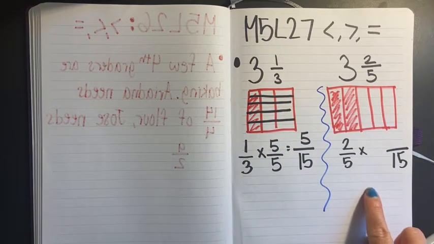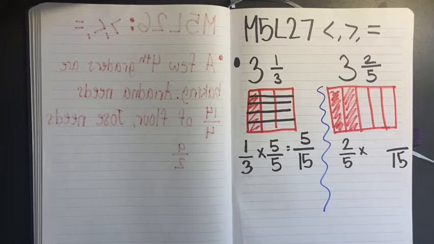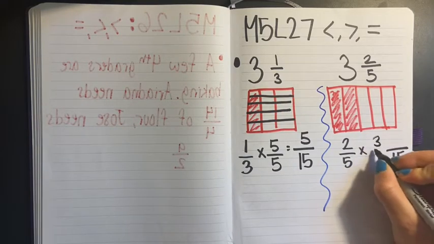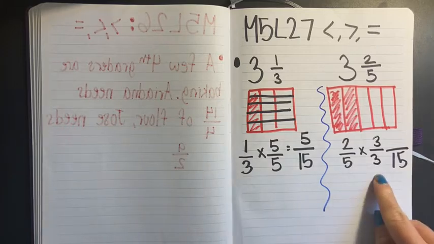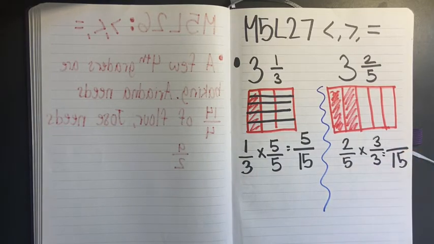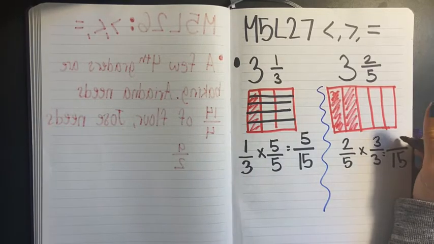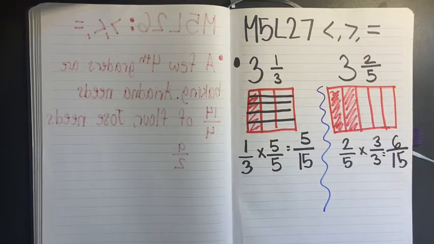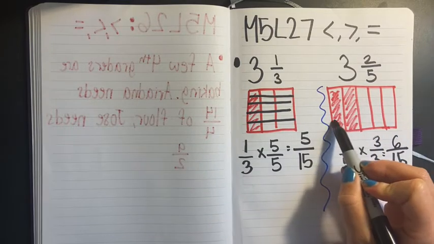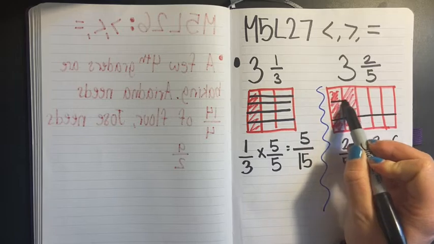Similarly, with this second one, what do we want to multiply with 2/5 in order to receive that denominator of 15? Yes, we want to multiply with 3/3, because we know that 5 times 3 will always give us 15. So that gives us the product of 6/15, and now we're able to split our area model into thirds.